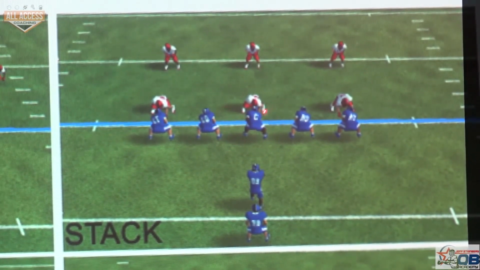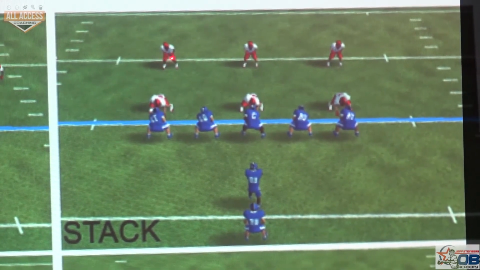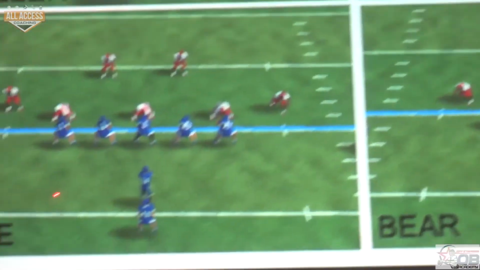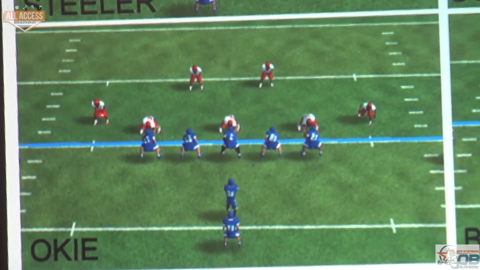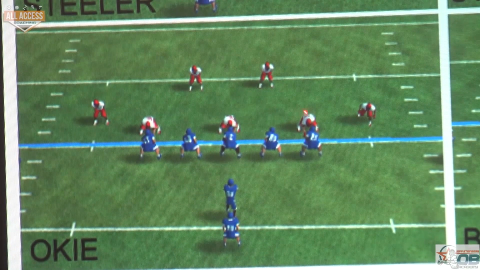So you have 3 defensive linemen, and then a right, middle, and left backer. And then down at the bottom, an okie is very similar to a stealer with the exception of the outside linebackers are walked up and now become more like defensive ends. And these players on top of the tackles, those are more B-gap players, and they're more like defensive tackles.